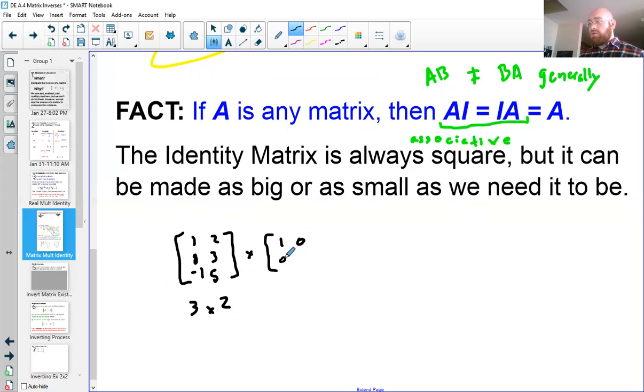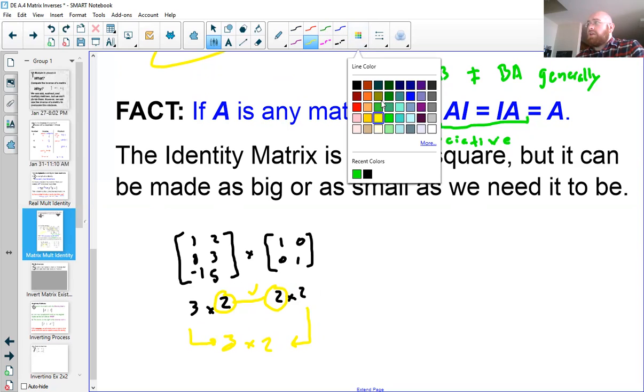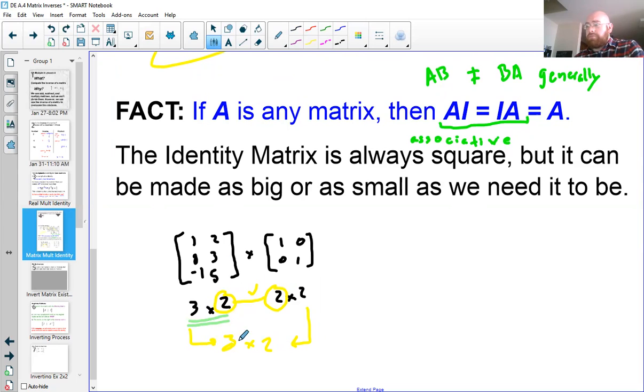So 1, 0, 0, 1. The reason why is because when we write our sizes, notice that the middles are both 2. And so our product is going to be a 3 by 2 matrix. And notice that 3 by 2 is precisely the size that we started with.